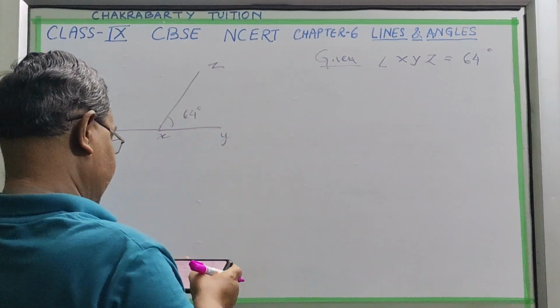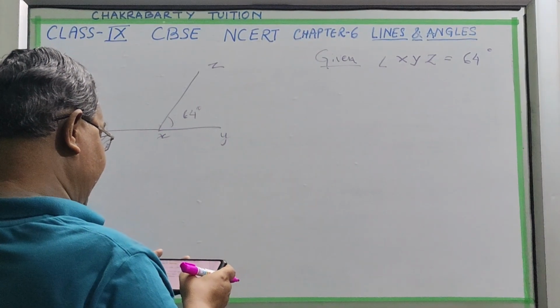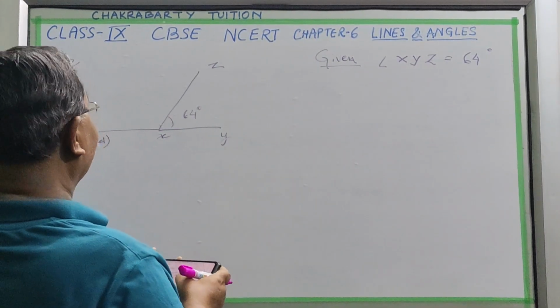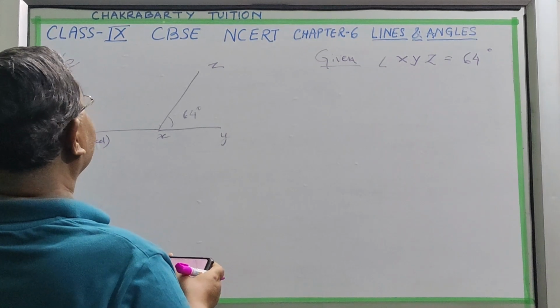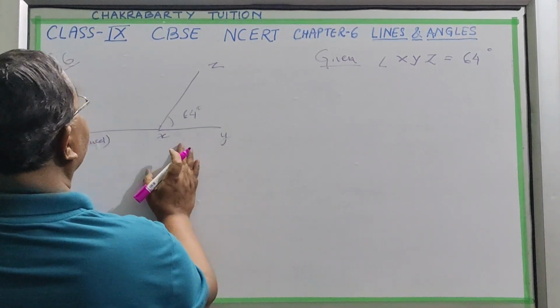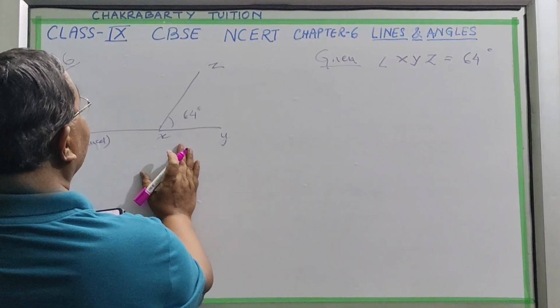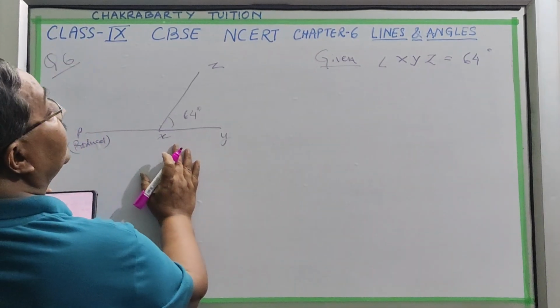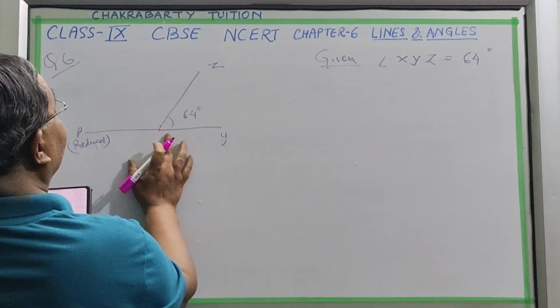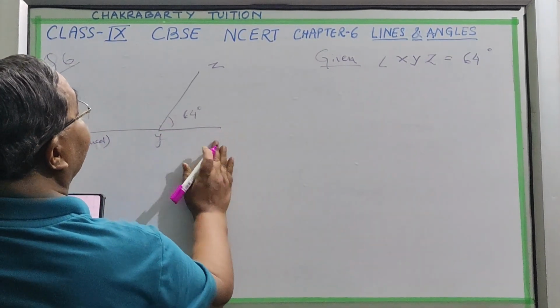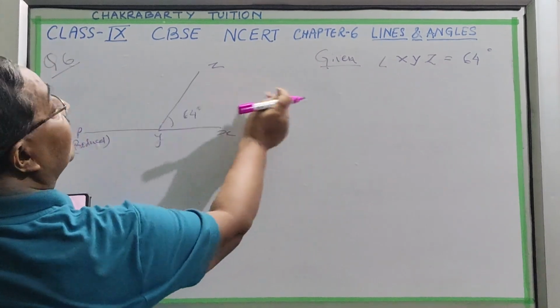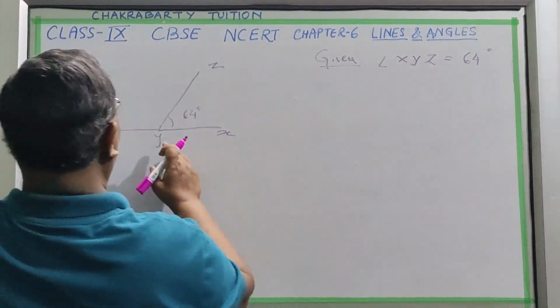So we have drawn. Now, if ray YQ bisects ZYP, here we will put Y and here we will put XYZ, 64.